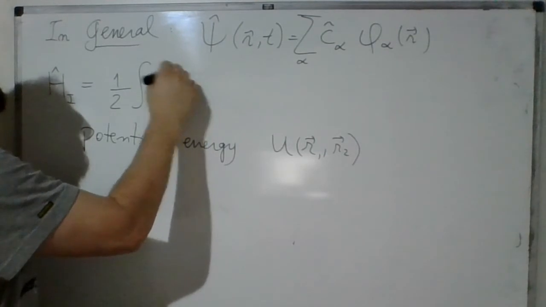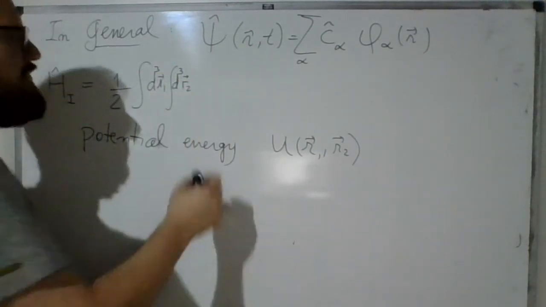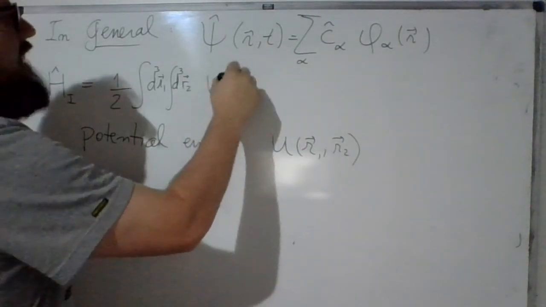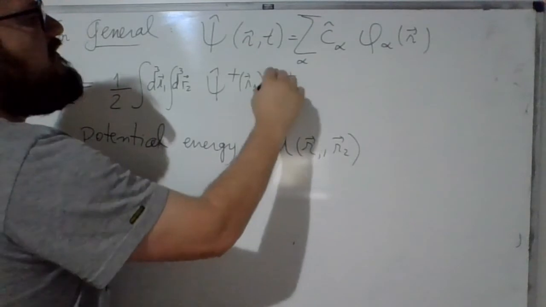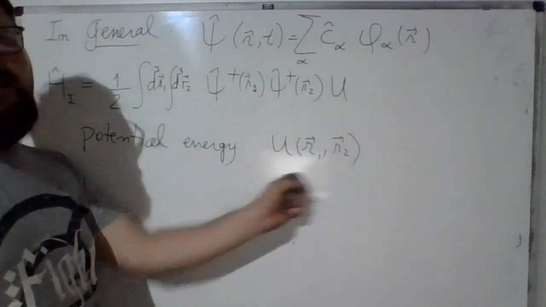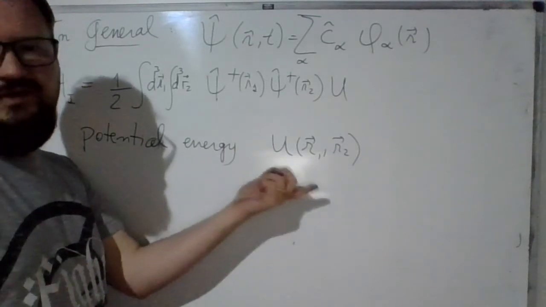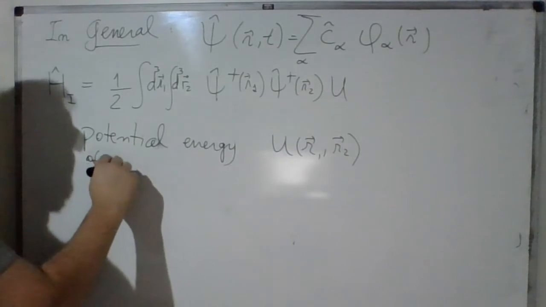Okay, it's a three-dimensional integral, and you would have a psi dagger of R1, a psi dagger of R2, the potential energy of the interacting particles.